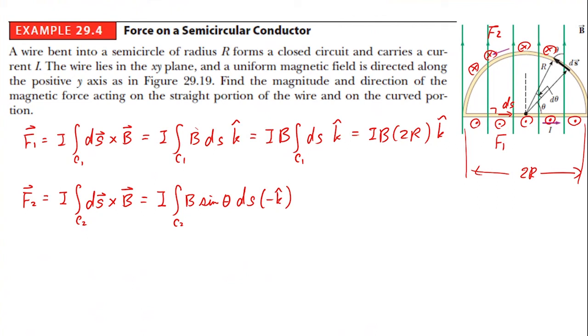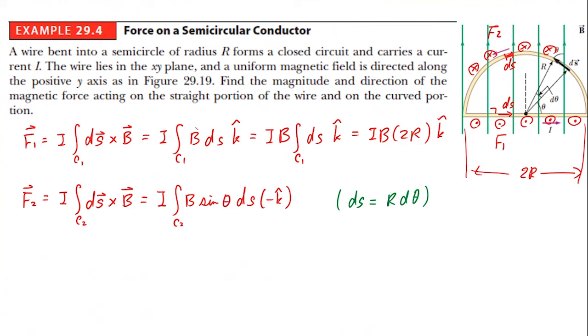Now we have to think a little bit. What is ds? ds is a tiny little arc length right here, right? Do you remember the arc length formula? ds is equal to r d theta, right? This theta? Yes, that theta.